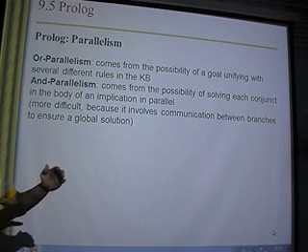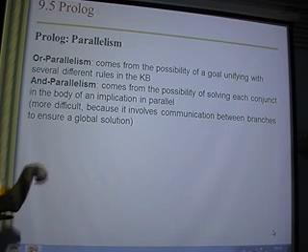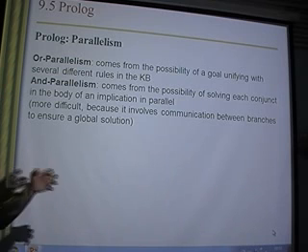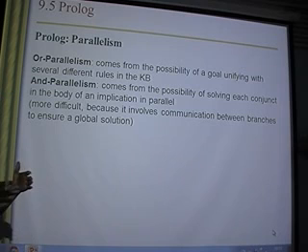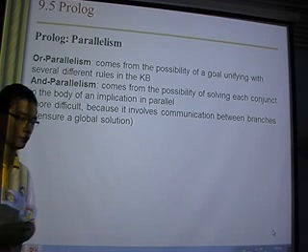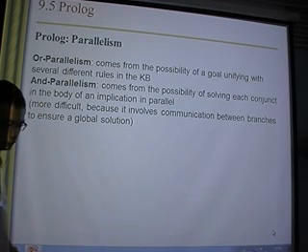So when we are trying to extract each conjunct out of the premise of the implication, each of these branches should communicate with the other branches, which is the most difficult point of AND parallelism.